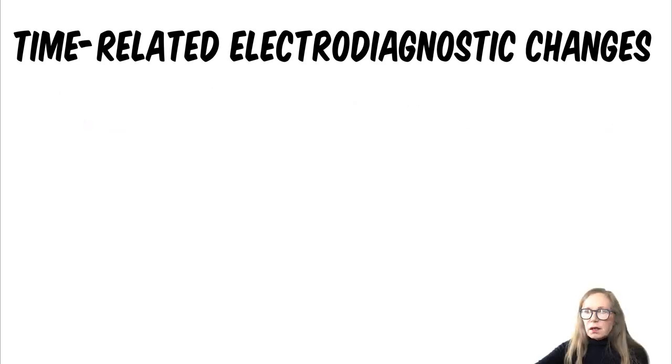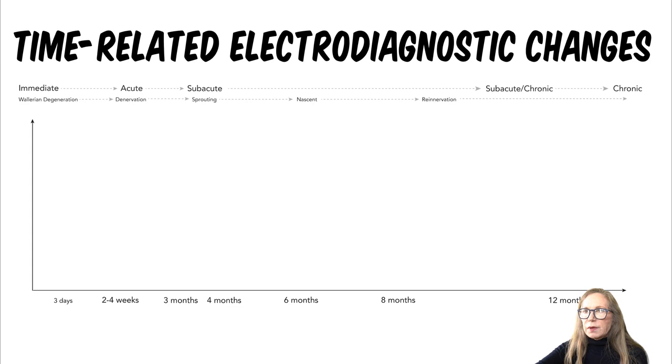So let's start by following what we see on the electrodiagnostic studies with a nerve injury. This will be talking about the immediate changes on the EDX, the acute changes, the subacute, and then the chronic, following along the idea of Wallerian degeneration and denervation, and then potentially collateral sprouting, and then potentially nascent units coming back, and potentially reinnervation as we move over time.